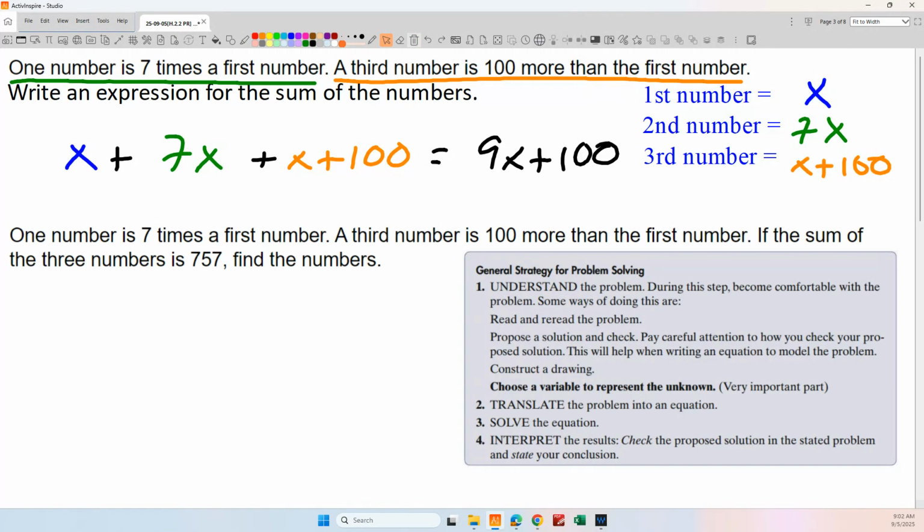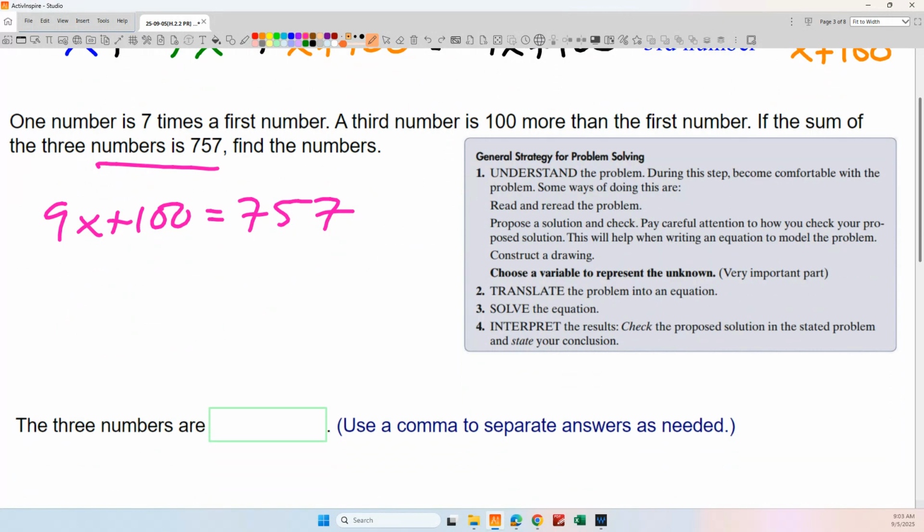So we get an equation. Good. If the sum is 757, then we get the equation 9x plus 100 equals 757. Okay, that's pretty easy to solve, right? We just isolate the x, subtract 100. We divide by 9.